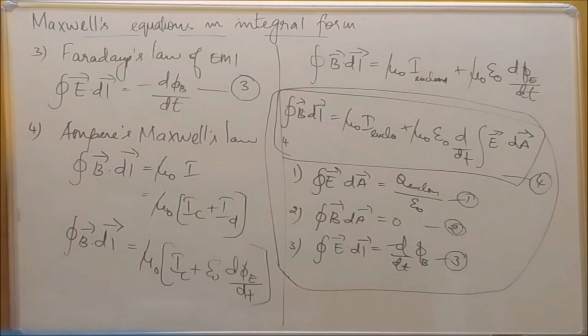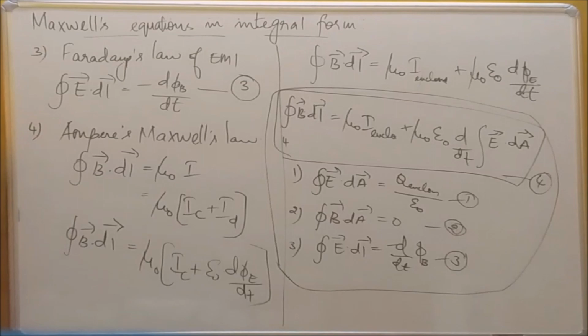So there are four equations. The first one is Gauss law in electrostatics: the integral of E vector dot dA vector is equal to Q enclosed by epsilon naught. The second is Gauss law in magnetism: the integral of B vector dot dA vector is equal to 0.